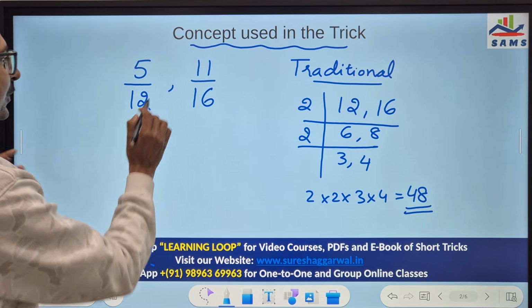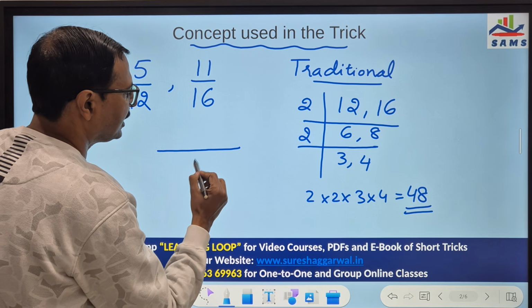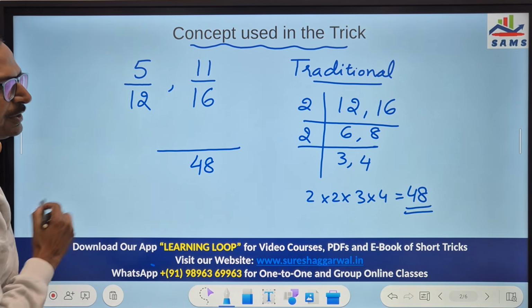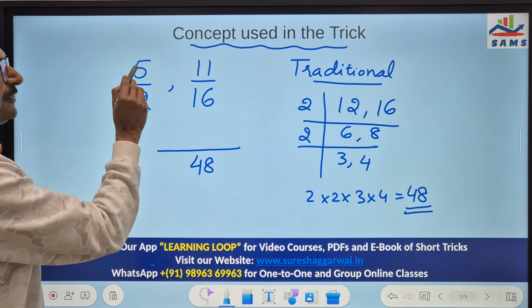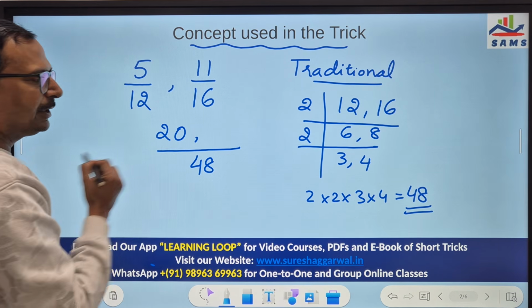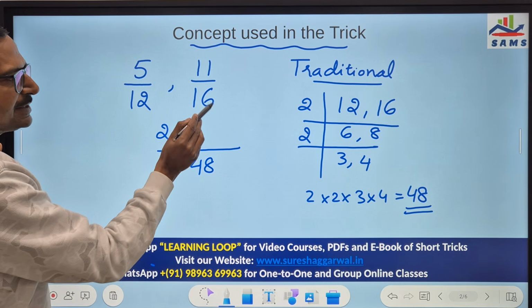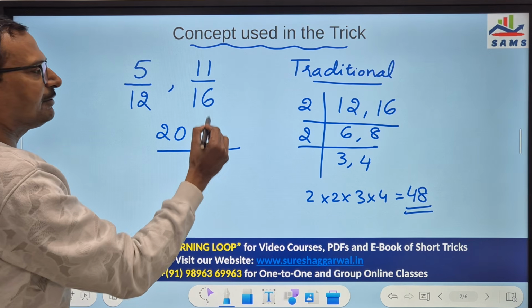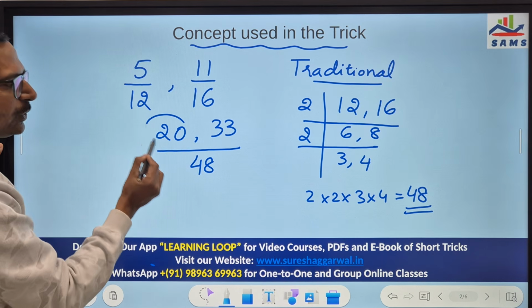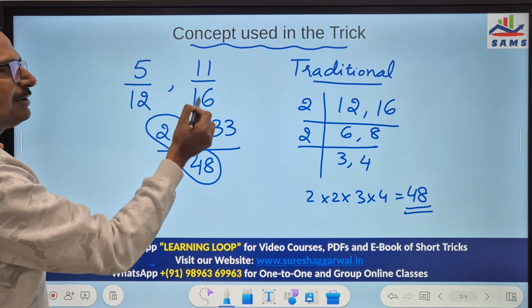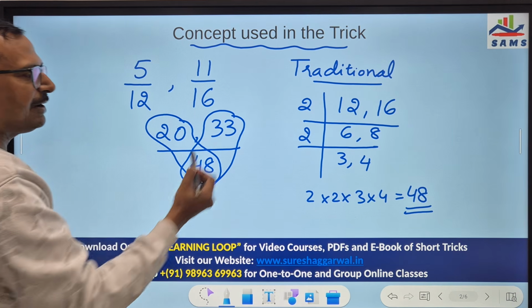So what do they do? They convert these with a common denominator of 48. So 48 divided by 12 is 4. So 4 times 5, 20, comma 48 divided by 16 is 3. 3 times 11, 33. And now they know 5 by 12 is 20 by 48 and 11 by 16 is 33 by 48.